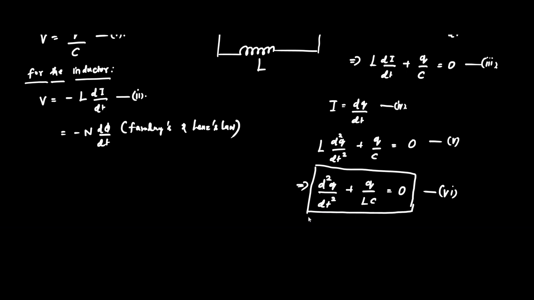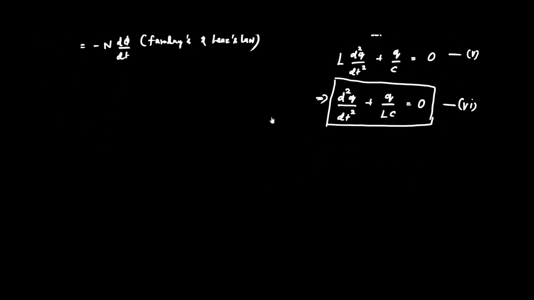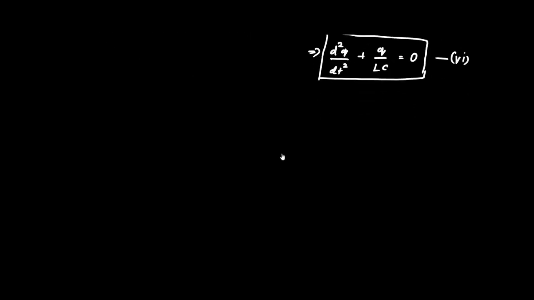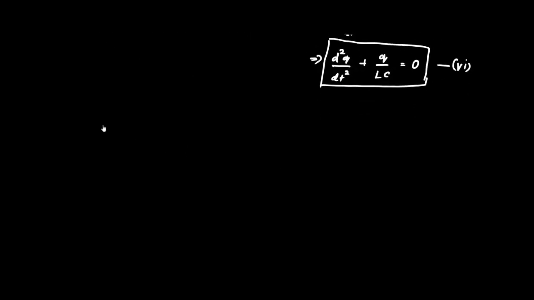Now let us take another example. We are slightly deviating from the electrical system to a mechanical system. We have already covered simple harmonic motion, SHM, if you have watched my videos regularly.